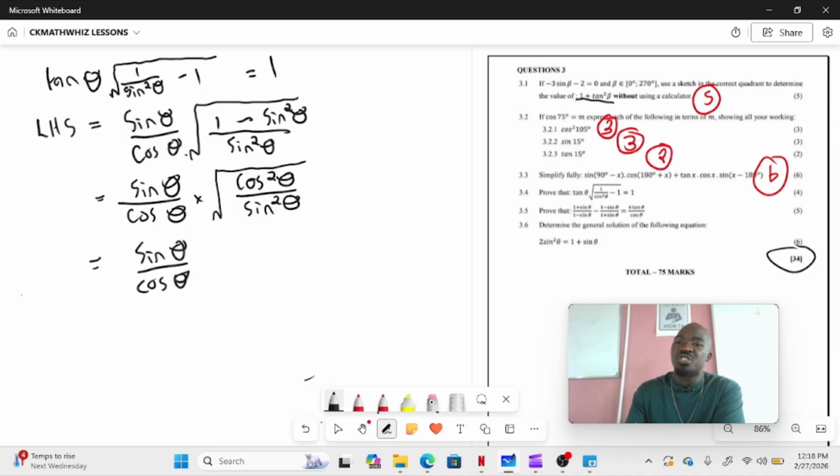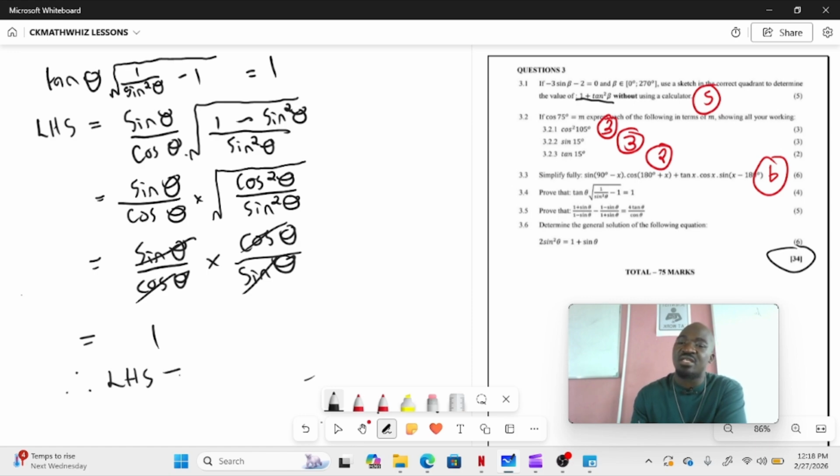Then we are left with just cos theta over sine theta. Then this cancels this, and this cancels this. Then we are left with 1. Then we are done proving the left hand side is supposed to be equal to the right hand side.